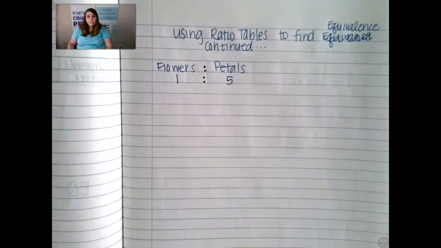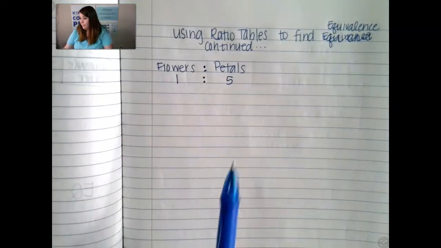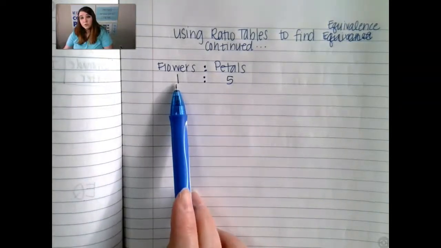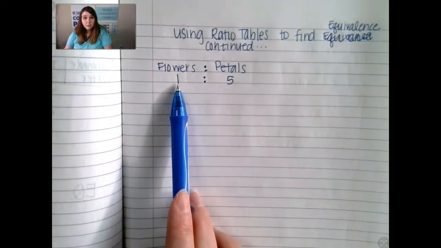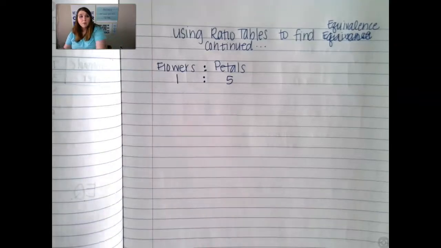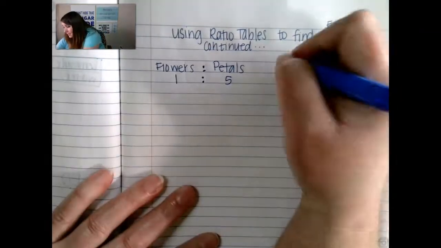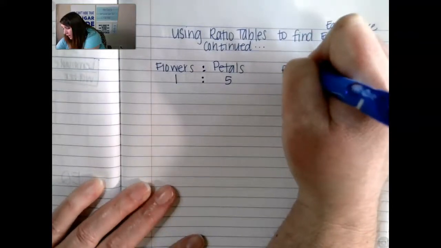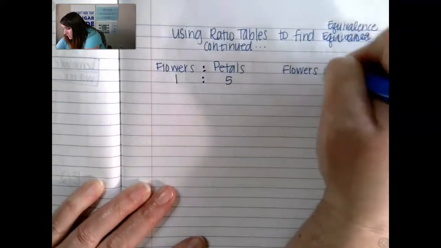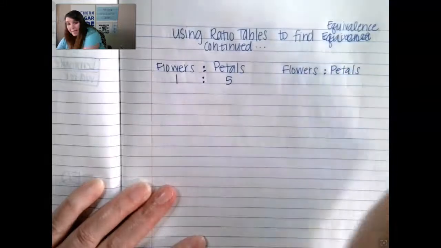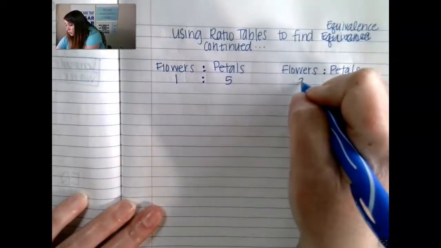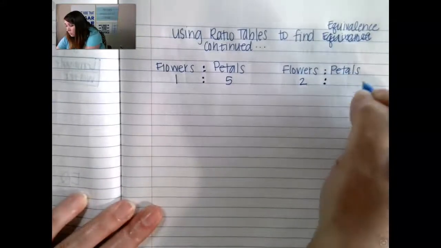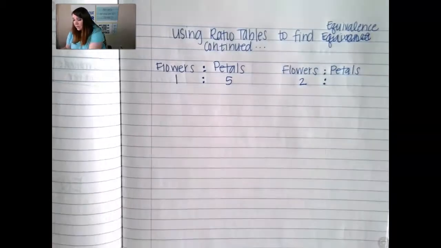I can use this same setup to find equivalent ratios in a ratio table by seeing what they give me in the next thing. So let's say that in my next ratio, I have flowers to petals, and it is for 2 flowers, but we don't know what the 5 is right here.